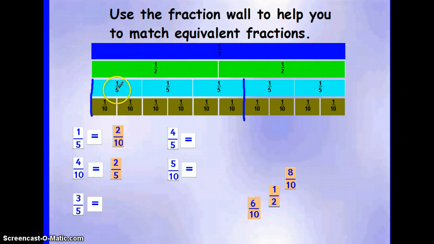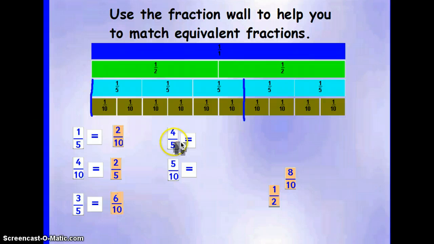So we have 1/5, 2/5, 3/5. Let's count how many tenths equal 3/5. 1, 2, 3, 4, 5, 6. Okay, so we have 6/10 equals 3/5.